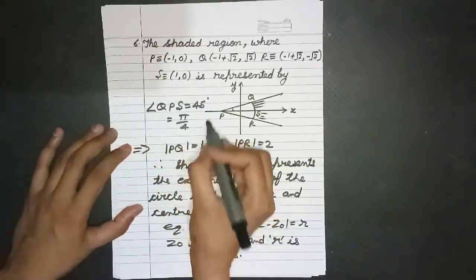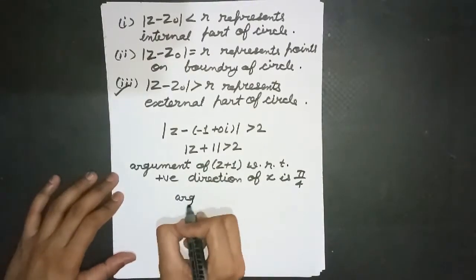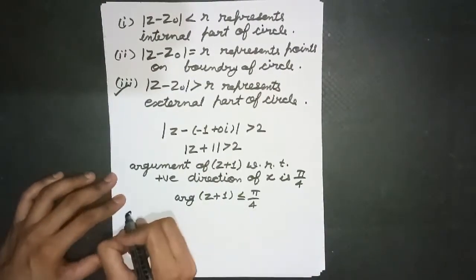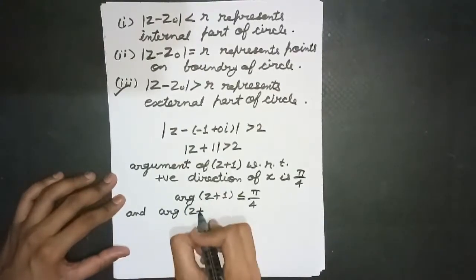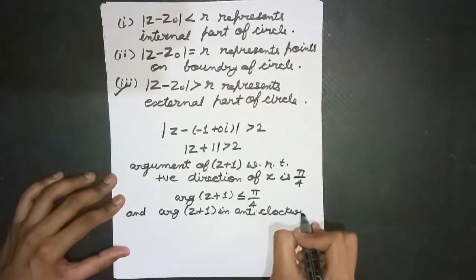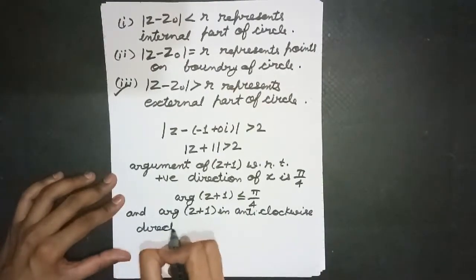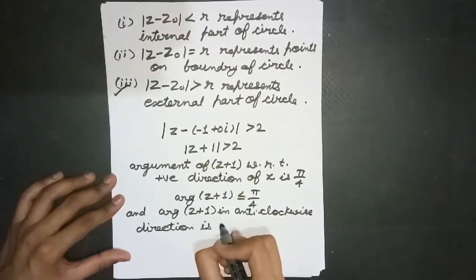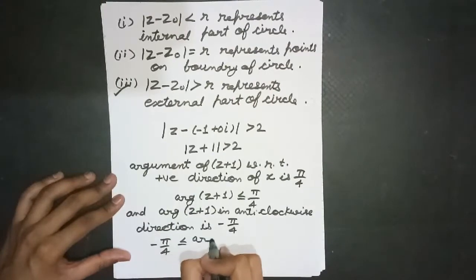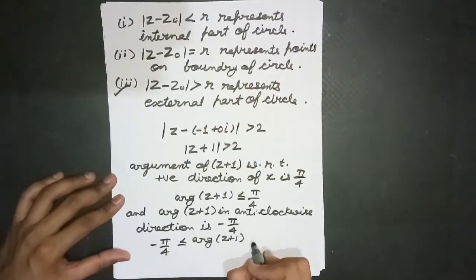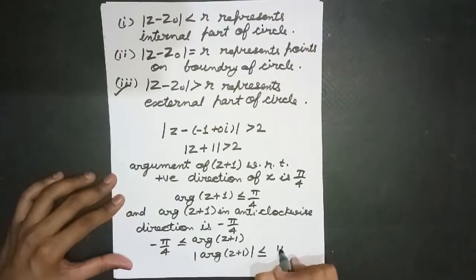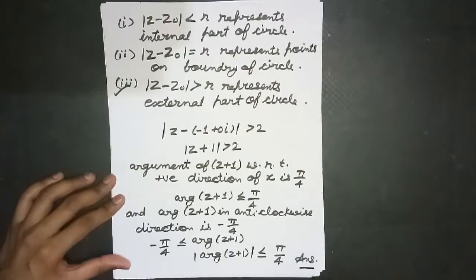Now using this, argument of z plus 1 is less than or equal to pi by 4, and argument of z plus 1 in the anti-clockwise direction is given by minus pi by 4. So from here it is clear that minus pi by 4 is less than or equal to argument z plus 1. So modulus of argument z plus 1 is less than or equal to pi by 4. So this is the answer.